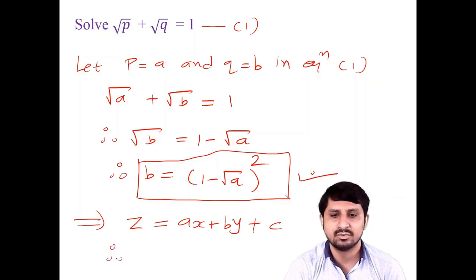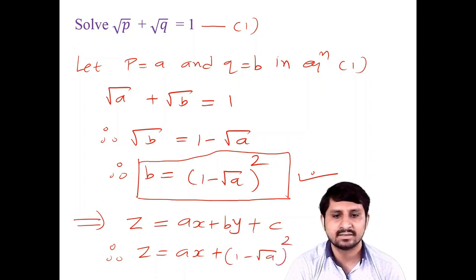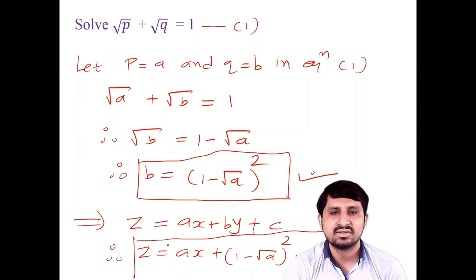So z is equal to ax plus 1 minus root a whole square y plus c. So this is our final solution for the non-linear partial differential equation root p plus root q equal to 1.